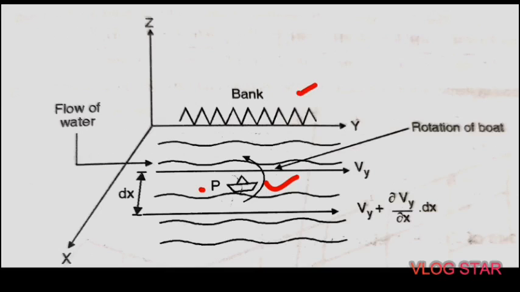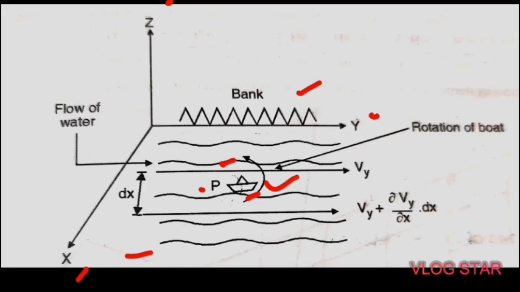This is the bank and this is the tiny paper boat at point P. We can see this situation in this figure. This is x, this is y, and this is z direction. The boat will move along the y direction.